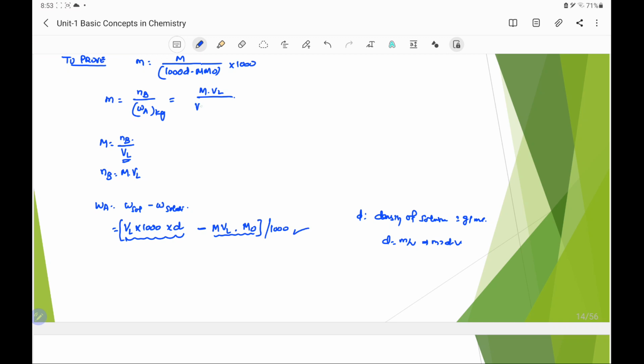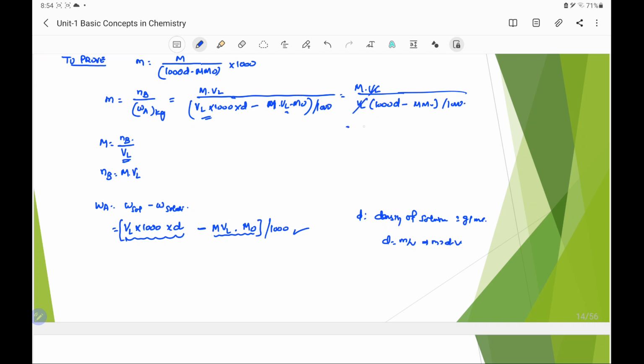We will have VL into 1000 into D minus M, this is the molarity, into VL into M0, and this whole divided by 1000. So it is equal to, because VL is common here, we take it out, M into VL divided by VL, 1000 D minus M M0, and divided by 1000.